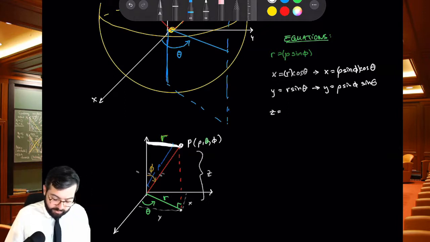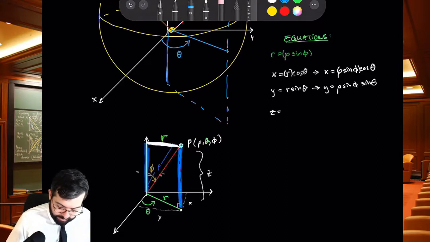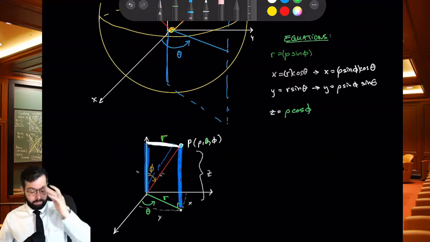And so what's z? Well, if r was given on this side, z is this side of the triangle, so that's the cosine of that angle phi. So that's rho cos of phi, because that's adjacent over the hypotenuse, right?